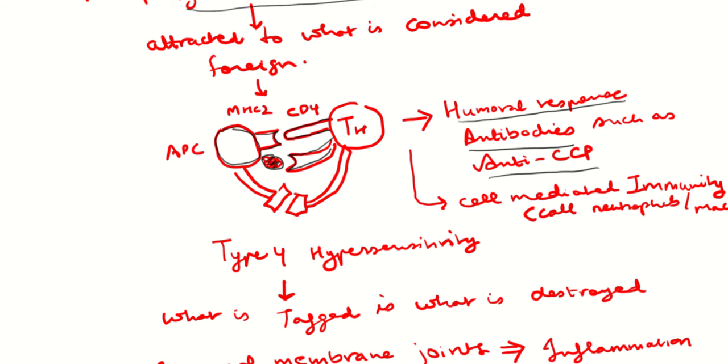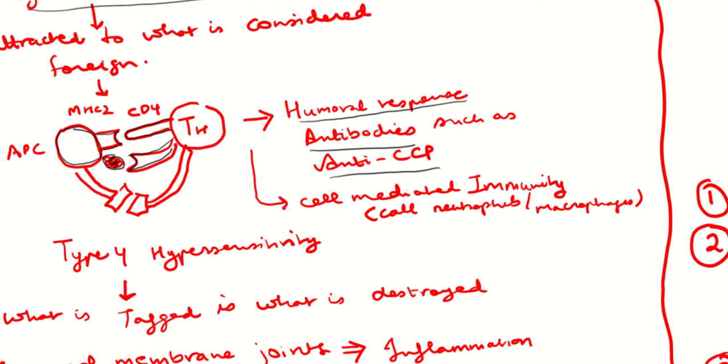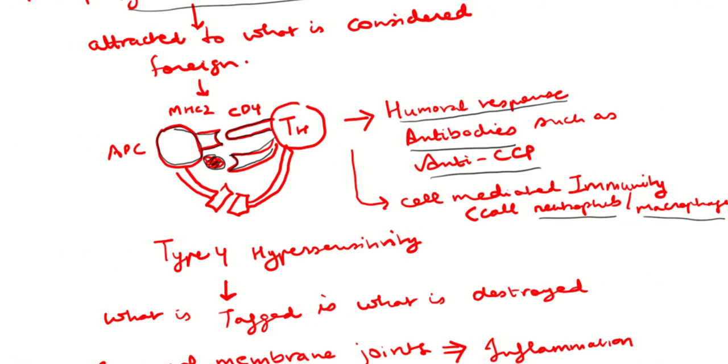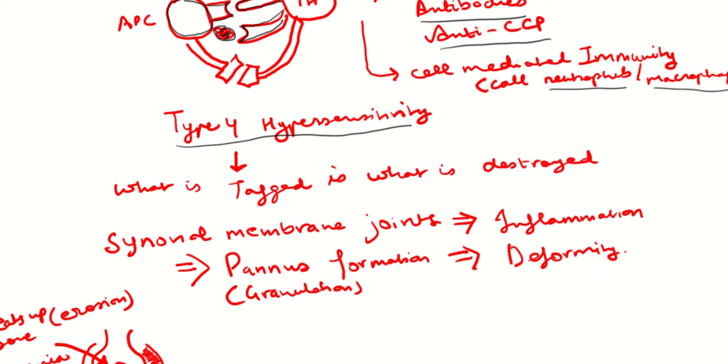And again, you have cell-mediated immunity, where you have neutrophils and macrophages that are attracted to the site that cause inflammation. Okay, this cell-mediated immunity is type 4 hypersensitivity. If you're not sure, review the hypersensitivity lecture, where I've discussed it in detail. And essentially, you start to have inflammation.